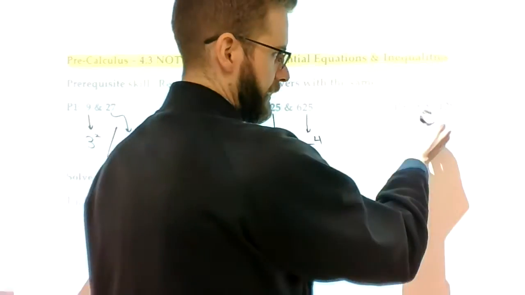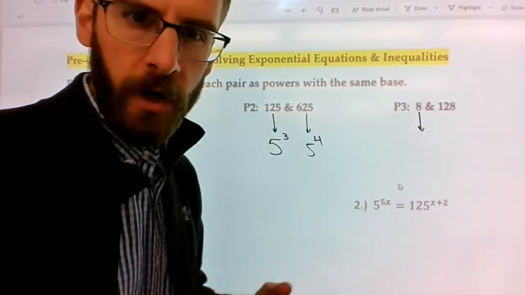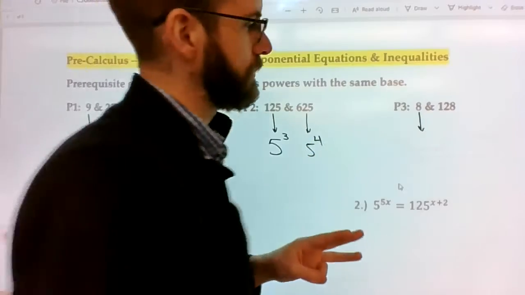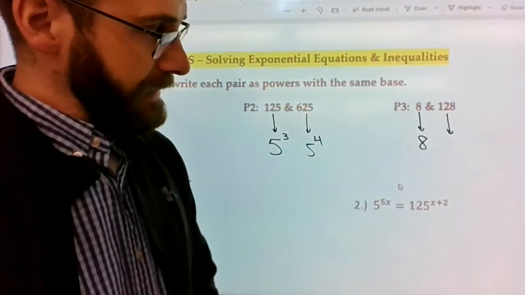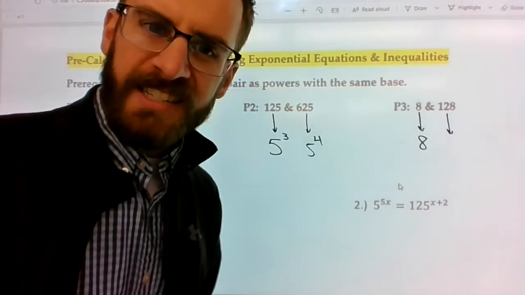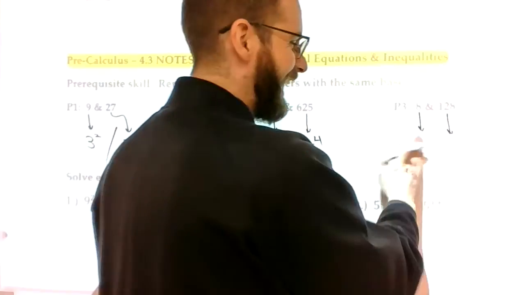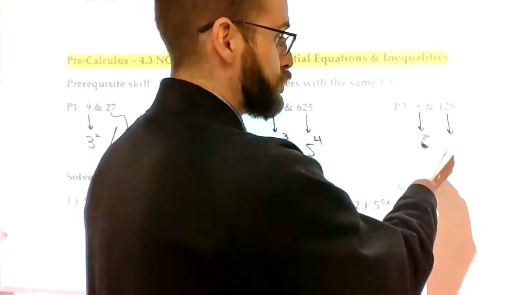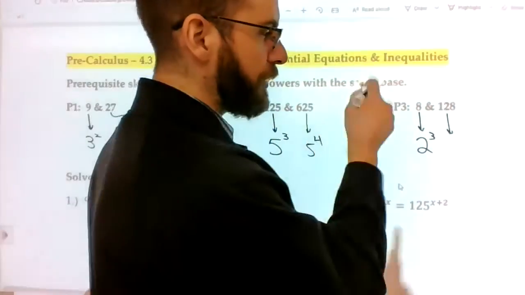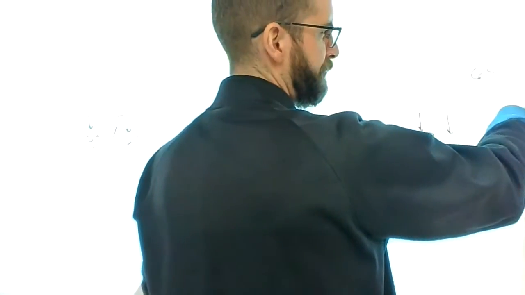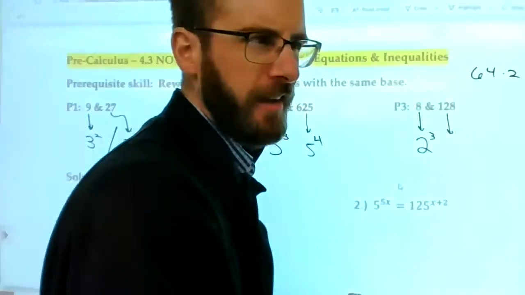So in this case, 2's work. 2 times 2 times 2 is 8. 2 to the third power is 8. Yeah? And then 128 would be 64 times 2, right?